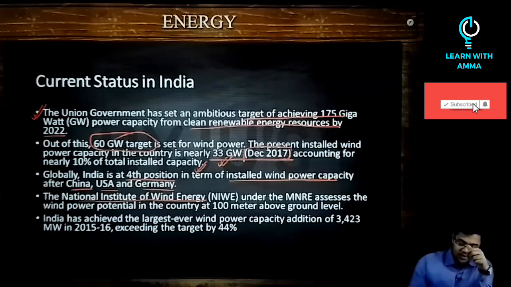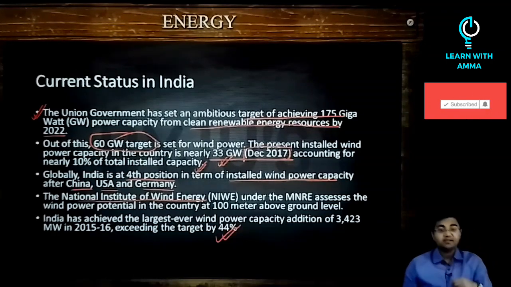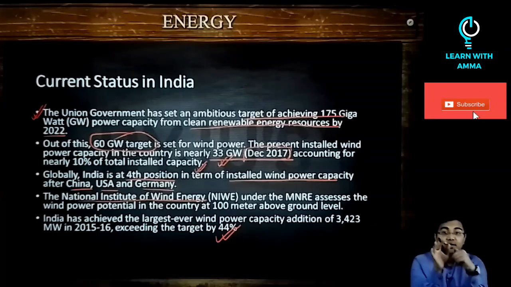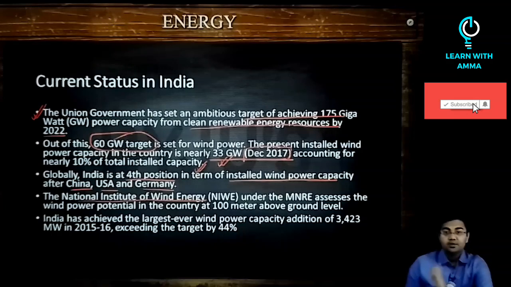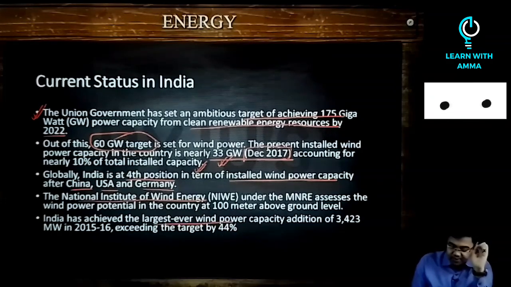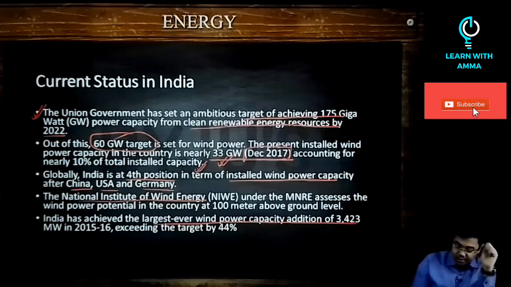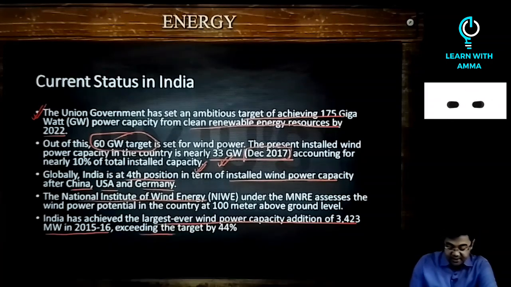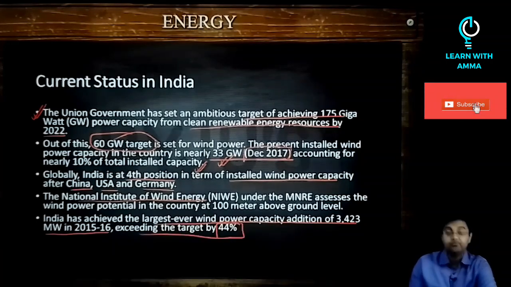Apart from that, India has achieved the largest ever wind power capacity addition of 3,423 megawatt in 2015-16, exceeding the target by 44%.